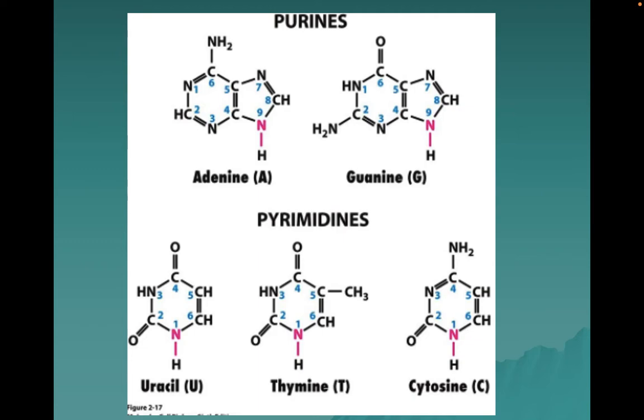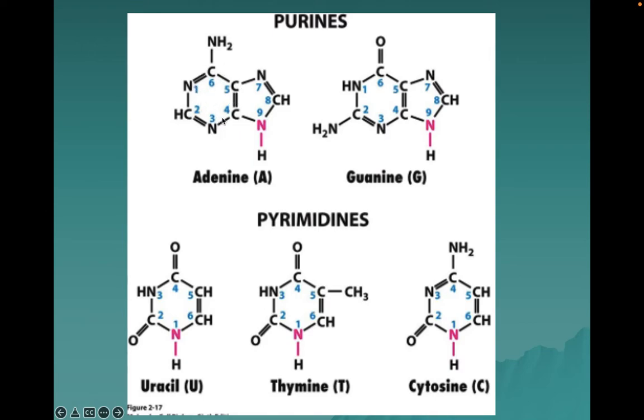If you just look at the overall look of these molecules, what you might notice, and this is the standout difference, is that in the case of pyrimidines, each of them contains one ring in the middle. You can see there's one here, and thymine also has one structural ring, and the same goes for cytosine. Whereas adenine and guanine have 2 structural rings.